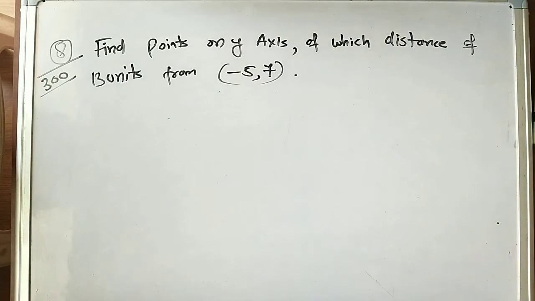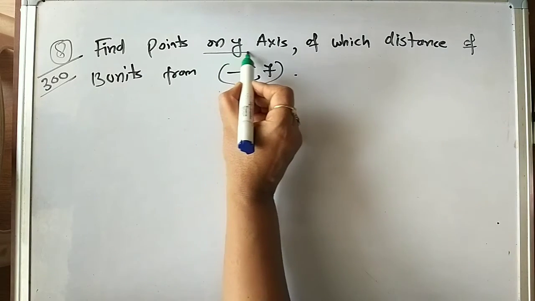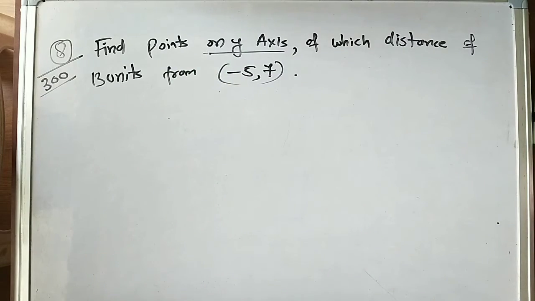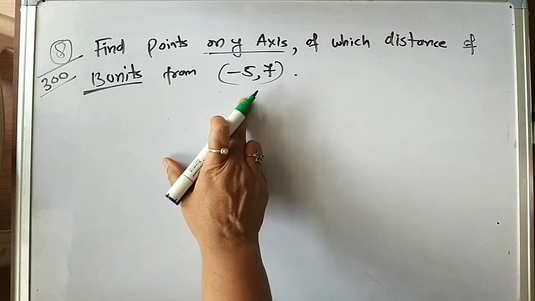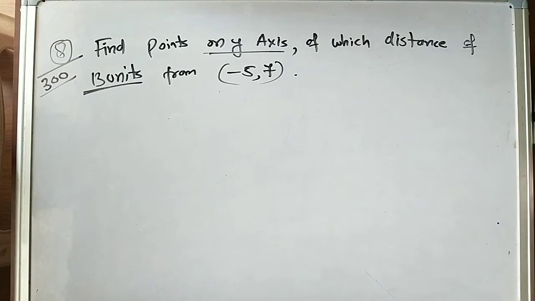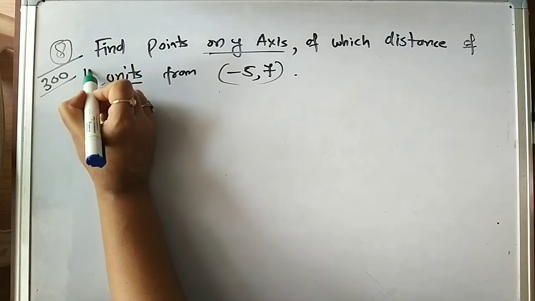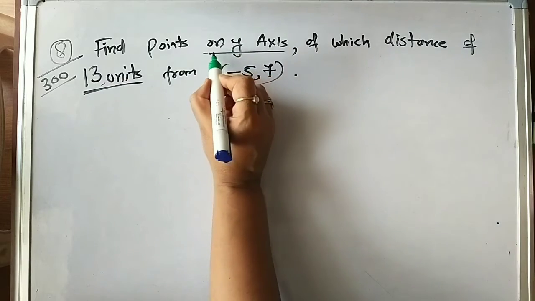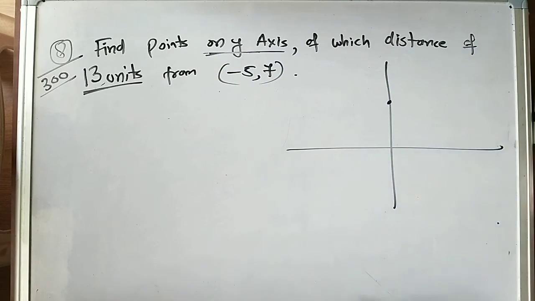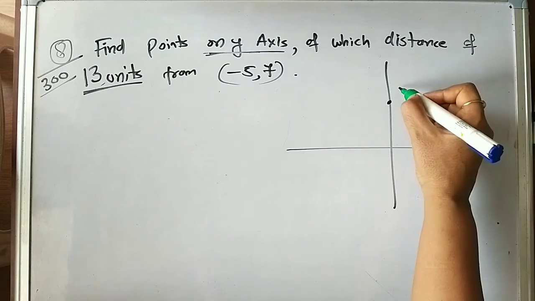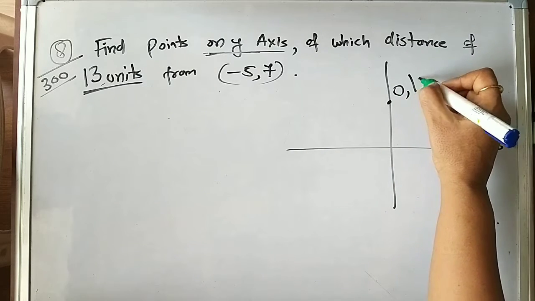Question 8 on page number 300. It says a point on y-axis. So be careful, y-axis, which is at a distance of 13 units from minus 5 comma 7. So remember, on y-axis, any point we take of the form 0 comma k.